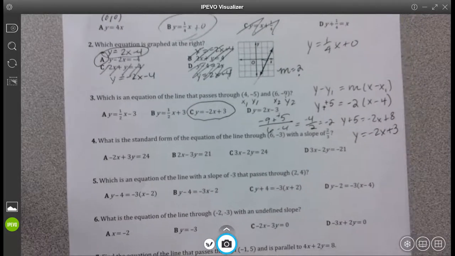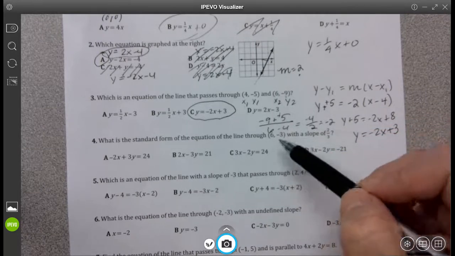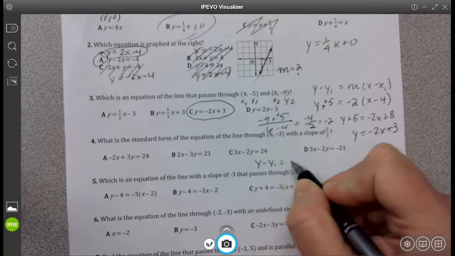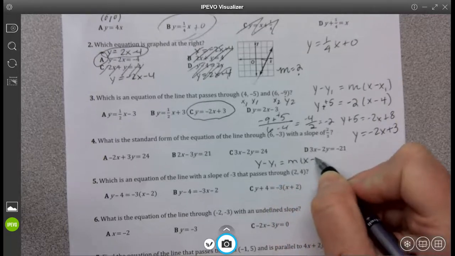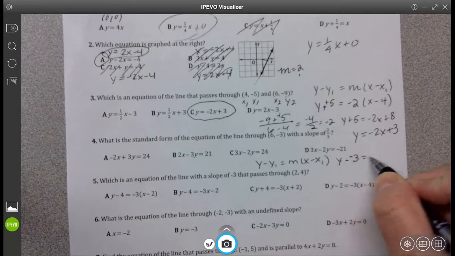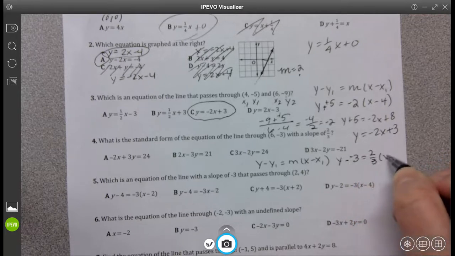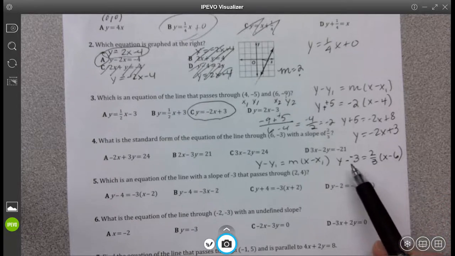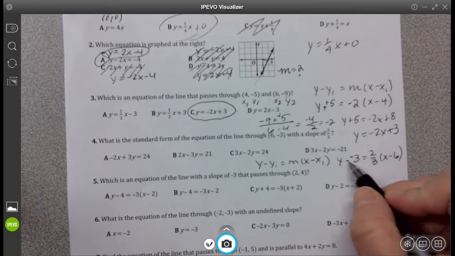What is the standard form of an equation that passes through 6, -3 and the slope of 2/3? Well, y minus y1 equals m times x minus x1. Well, if we have standard form, we don't have fractions, so I need to get rid of dividing 3.